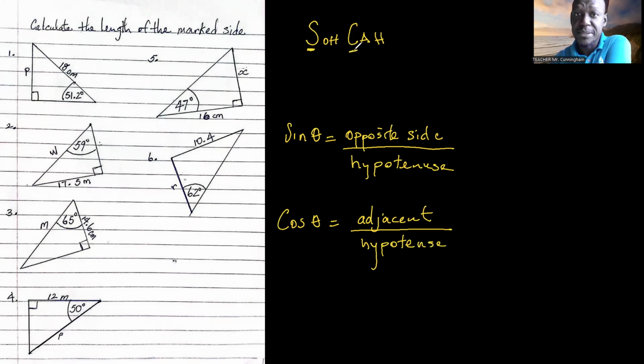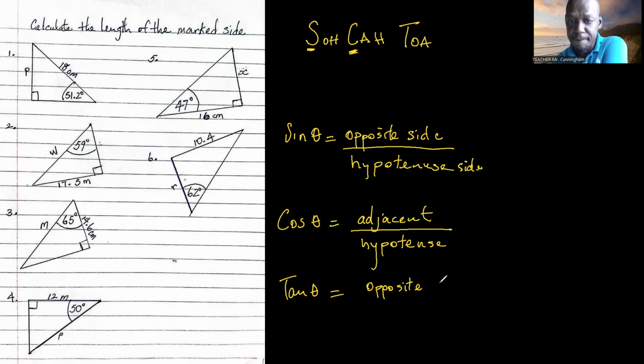And so that's cosine. And TOA means tan theta, or the tangent of the angle, is equal to the opposite side divided by the adjacent side.